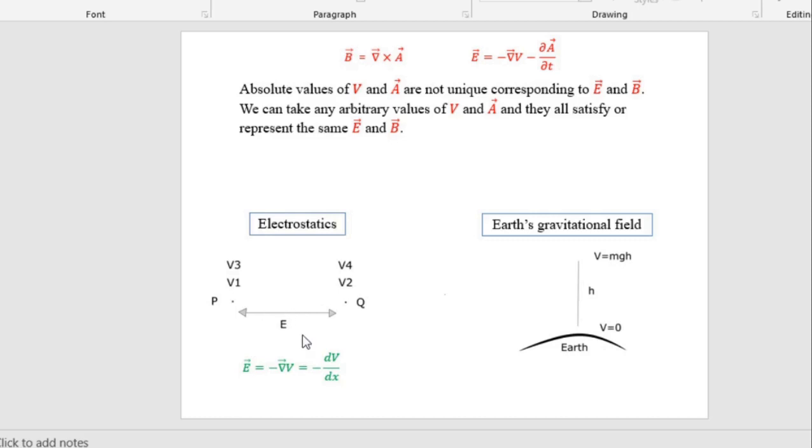Okay, so this is the important point we have to note down, that the absolute value of the potential has nothing to do with the physical field. We can take any arbitrary value of the potential and it has no effect on the physical field.